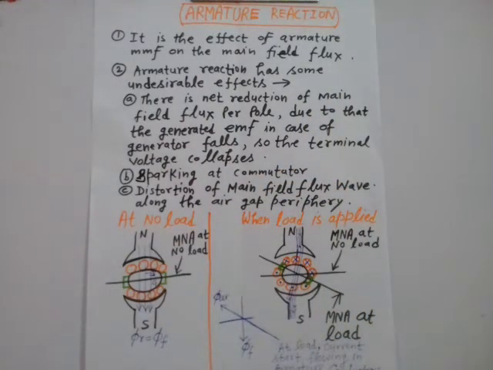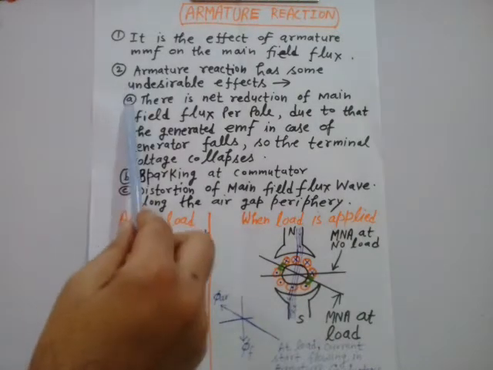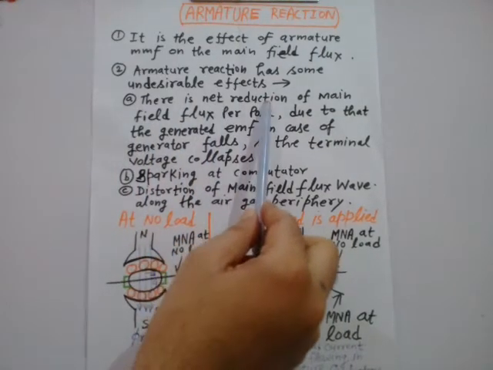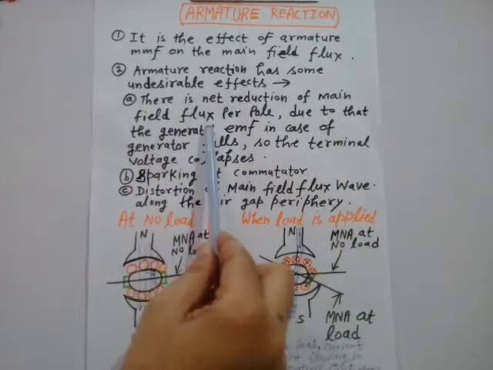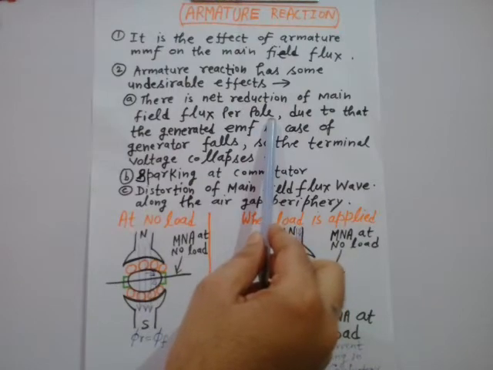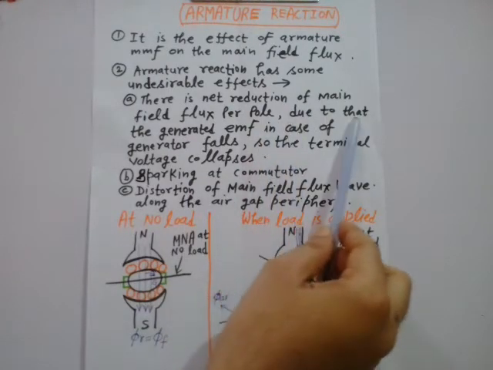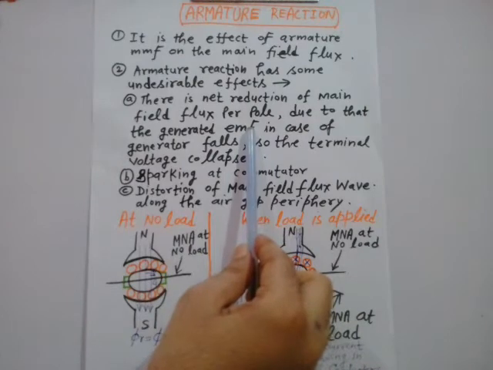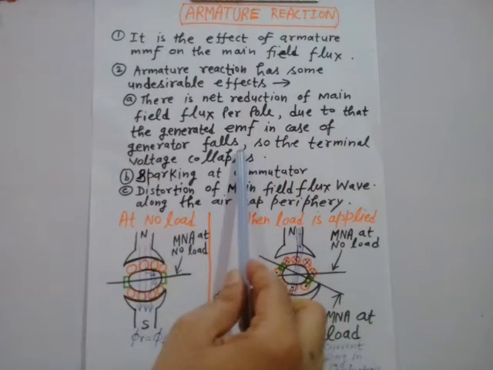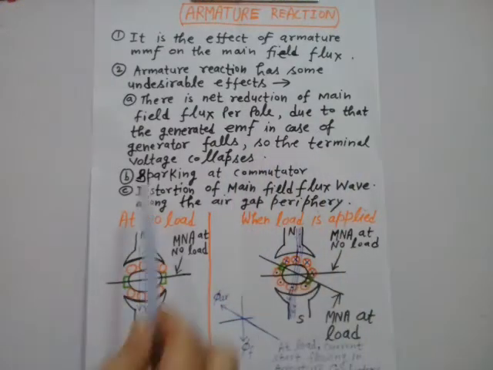Now this armature reaction has some undesirable effects. Number one, there is a net reduction of main field flux per pole. Due to that, the generated EMF in case of a generator falls, so the terminal voltage collapses, it decreases.